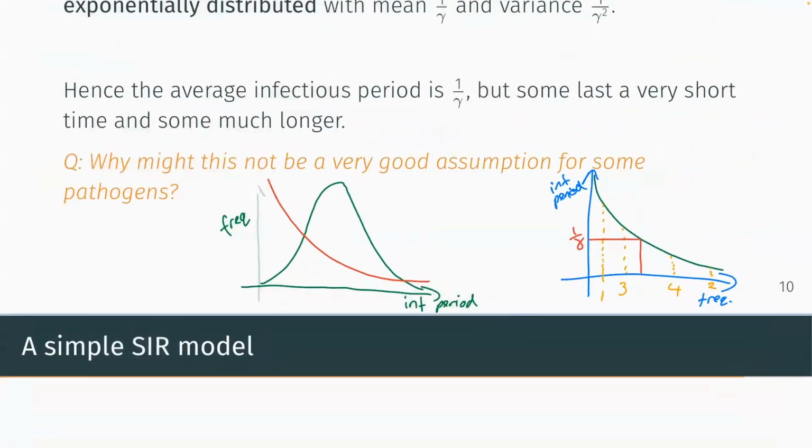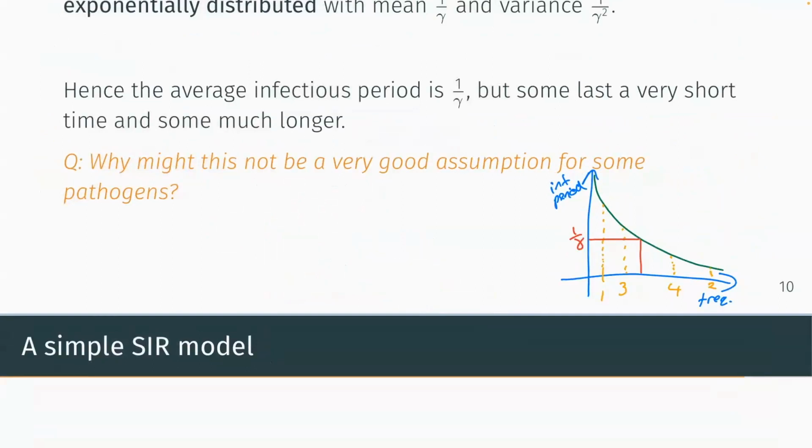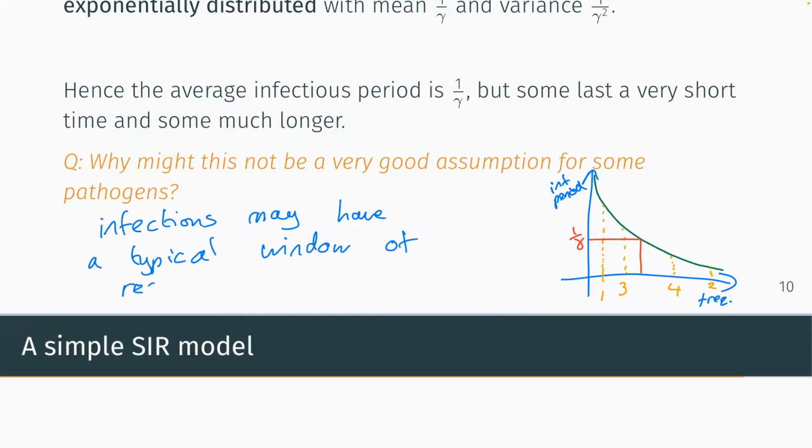So it doesn't necessarily work that well when we have a narrow window of recovery, when most people tend to recover in, say, something like 7 to 10 days. So let's say infections may have a typical window of recovery, 7 to 10 days for COVID.